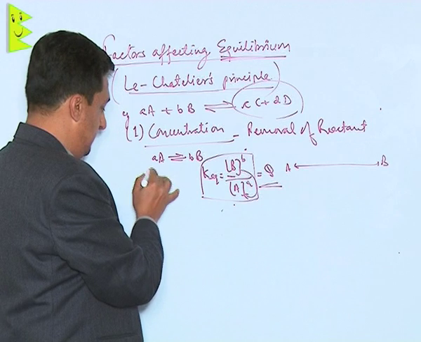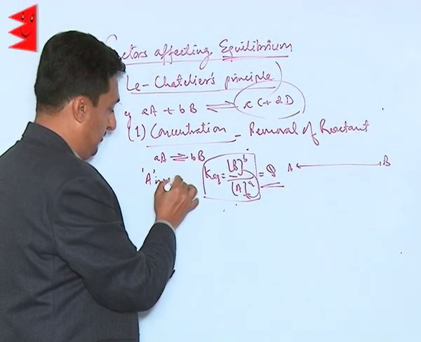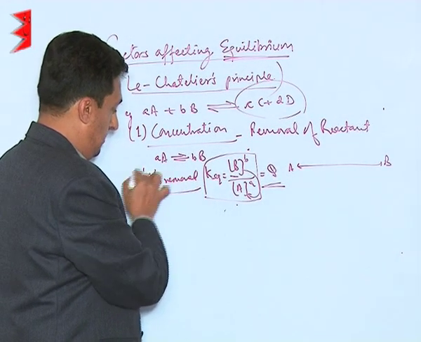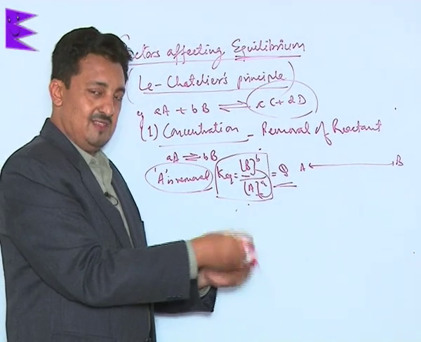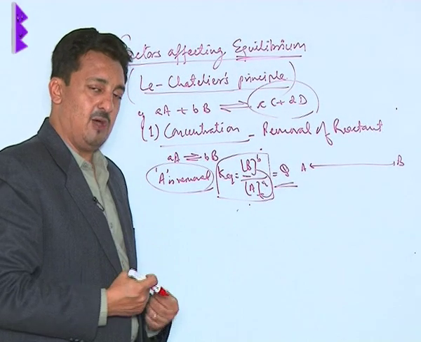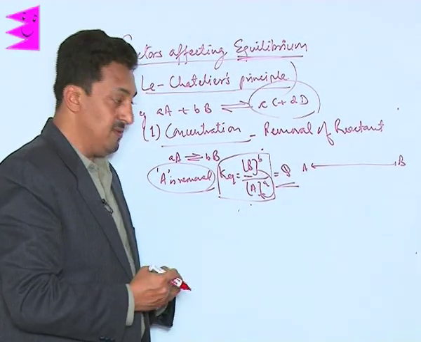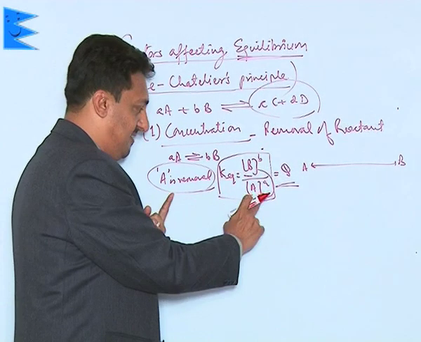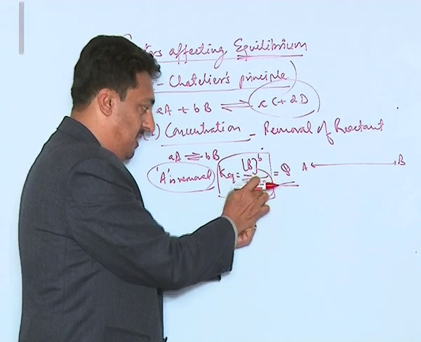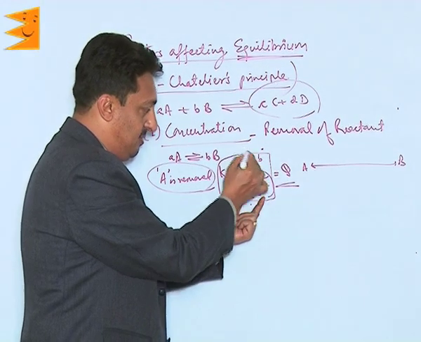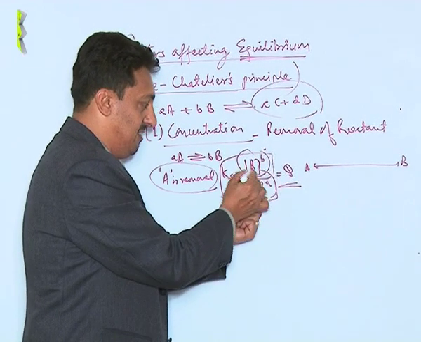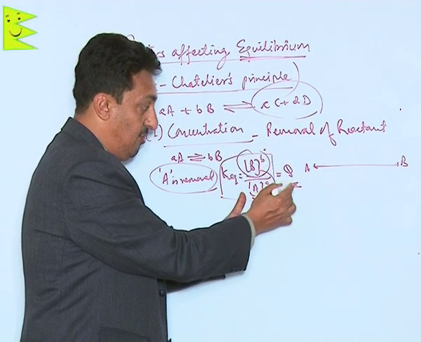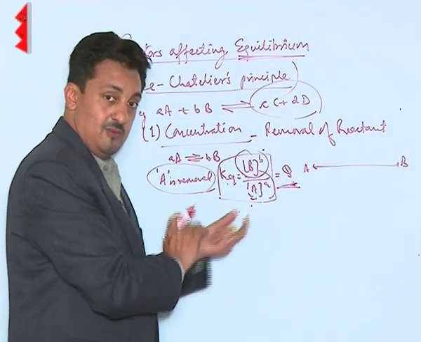Suppose A is removed by putting something in the reaction mixture, suppose A has been absorbed or it gets consumed. So the concentration of A is decreased. The moment the concentration of A is decreased, we can make out from here this denominator value is smaller, this numerator value is larger. Q will become what? More than this K equilibrium.